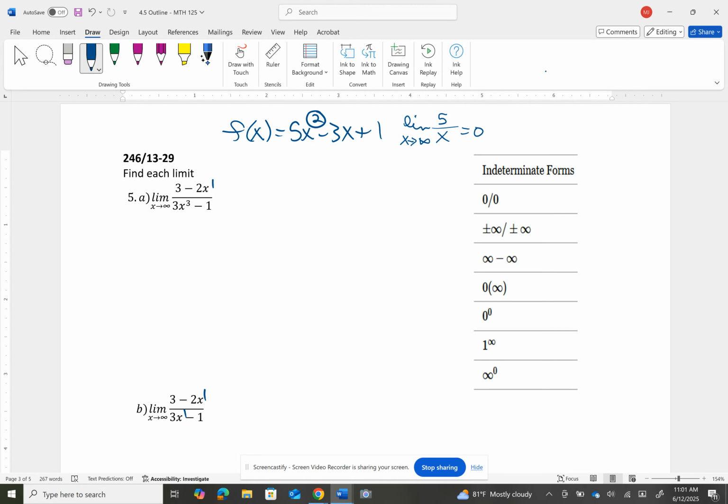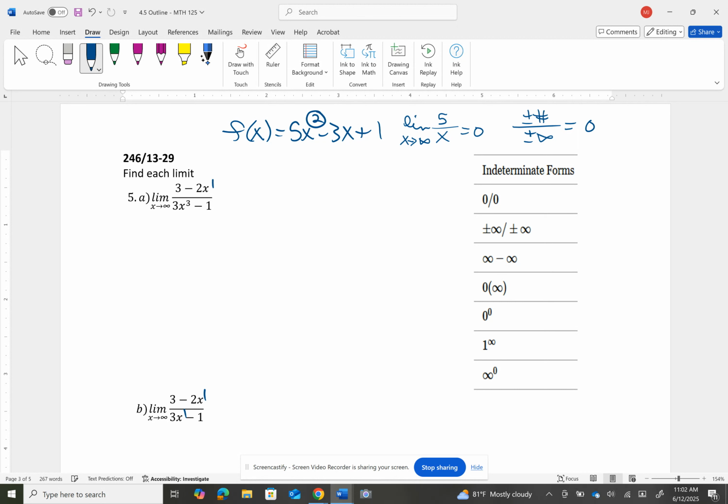So if you have a fixed number on top, positive or negative, and in the denominator you have either a positive or a negative infinity, that's going to go to 0. That's the idea behind this method and why it works.